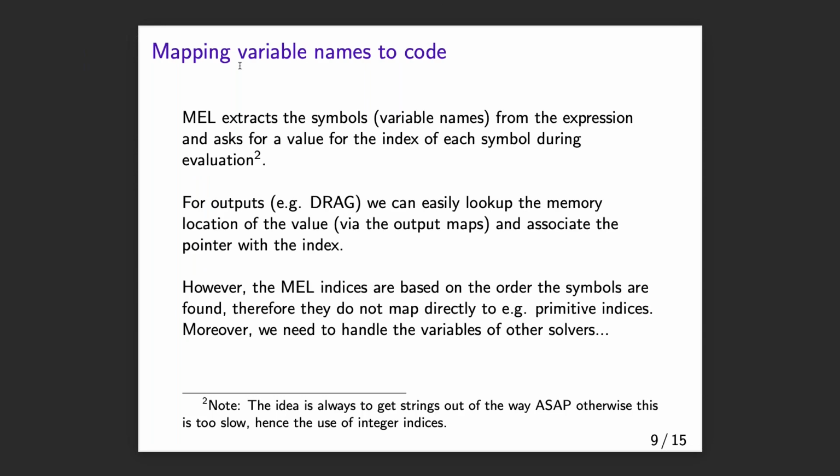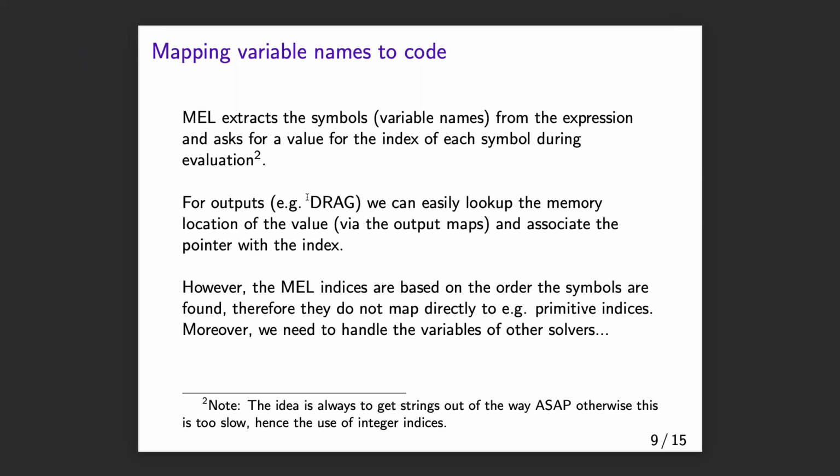The kind of challenging aspect of this is actually to map variable names to code. So the expression library extracts the symbols, the variable names, from the expressions and then asks for a value for the index of each symbol while we're evaluating the expression.